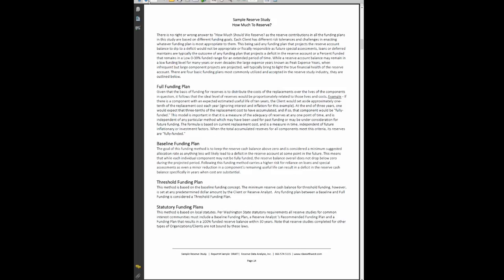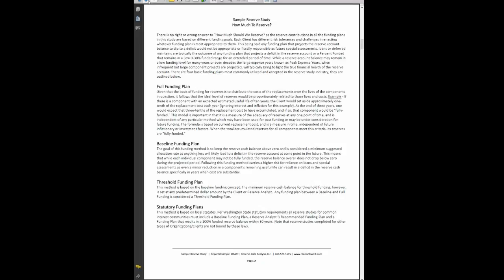The next page goes into the question of how much should an organization or community reserve. So really when we get asked this question, there's really no right or wrong answer. You can read through this, and it goes into a bit about the different funding models and their different goals. But essentially, any client that comes to us and asks for a reserve study, we'll give our recommendations.